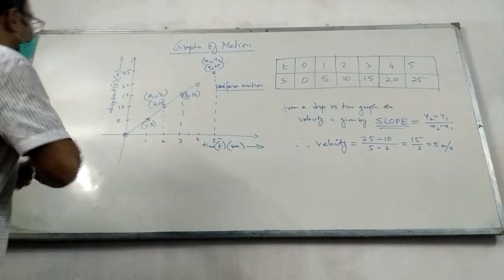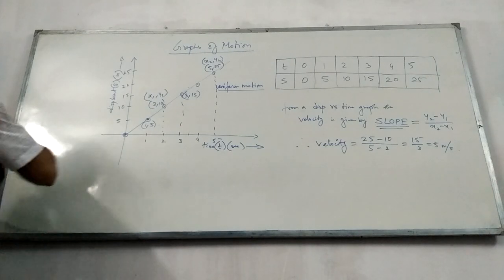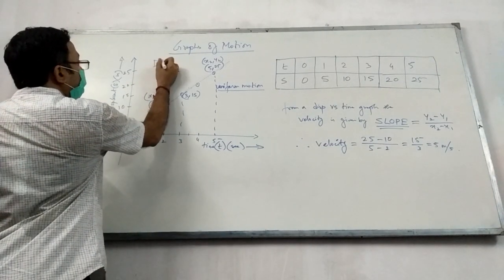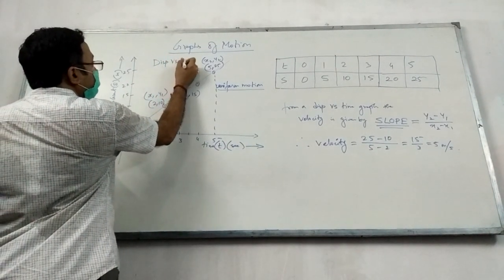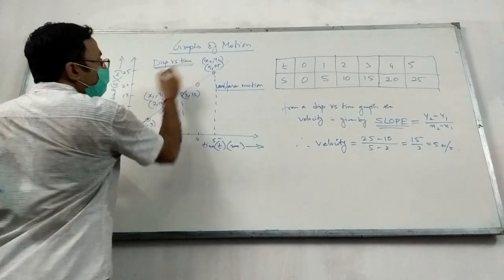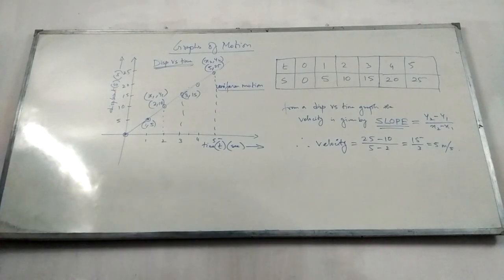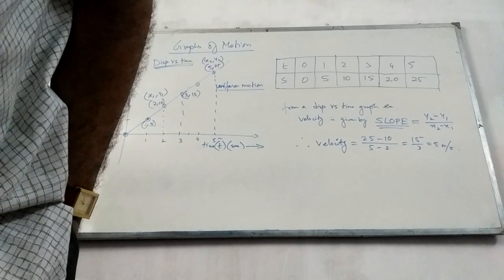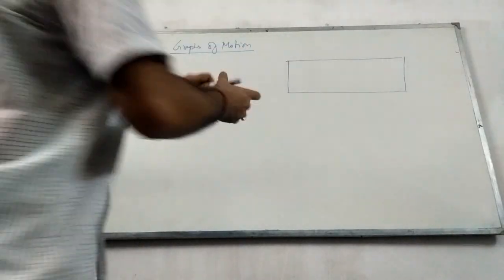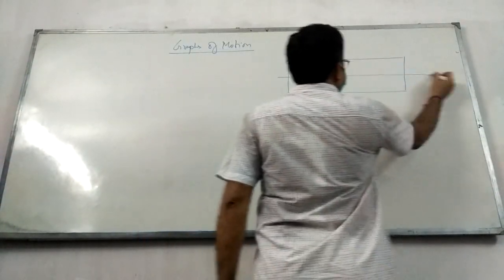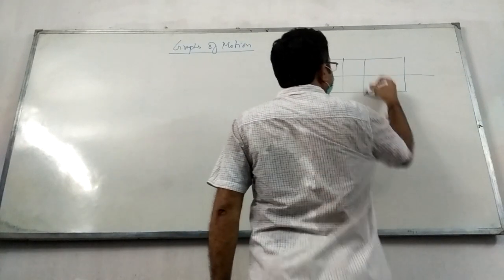Right, let's do the velocity time graph. This was the displacement time graph, write displacement versus time above it.